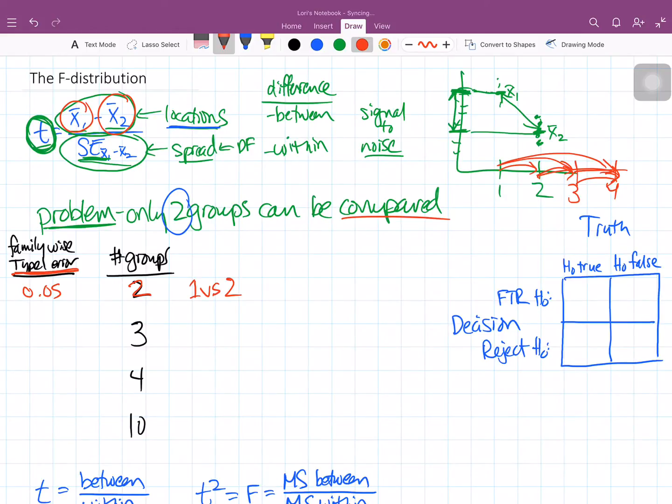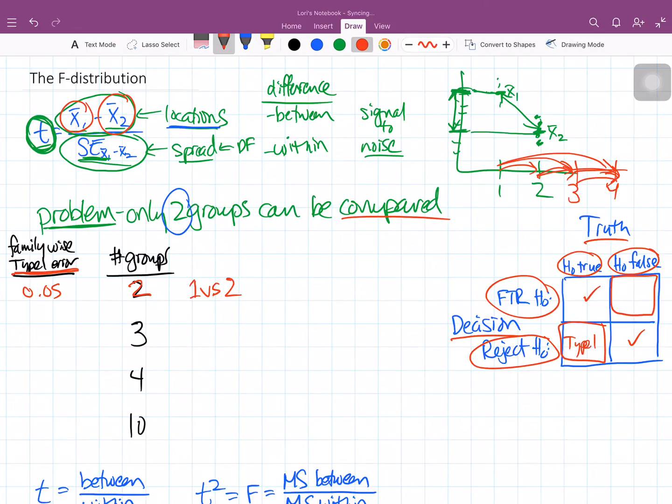Come over here to the right hand side. Remember how we talked about this decision. If we fail to reject the null and the null was true, perfect, we're set. If we reject the null and the null was false, also that's great. But if we do anything in these corners, then we're making an error. We're making the wrong decision. And this is the type 1 error.